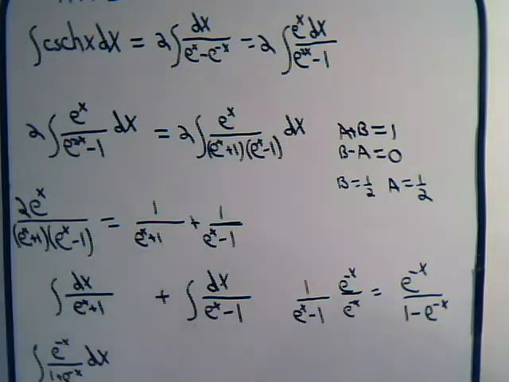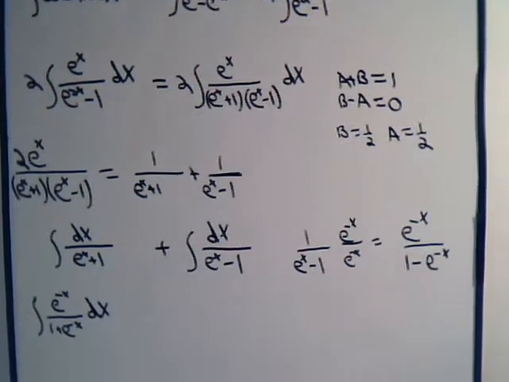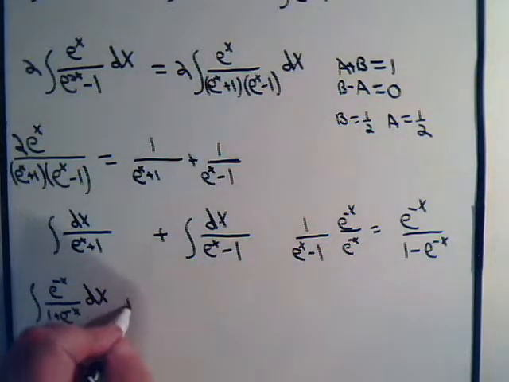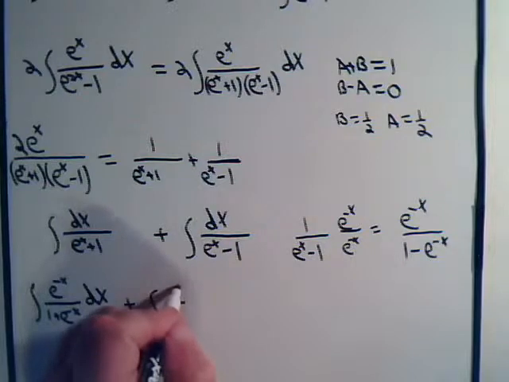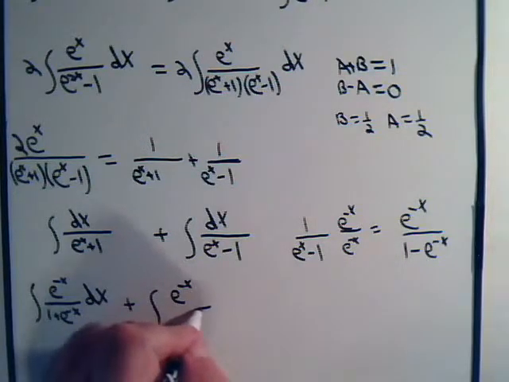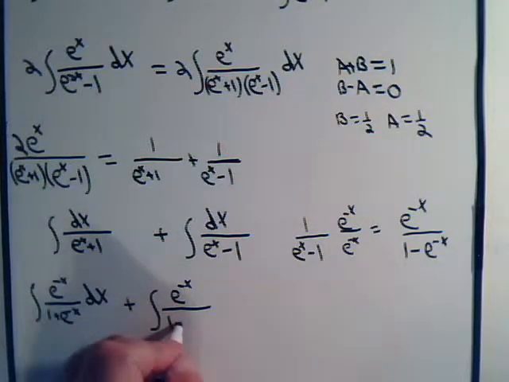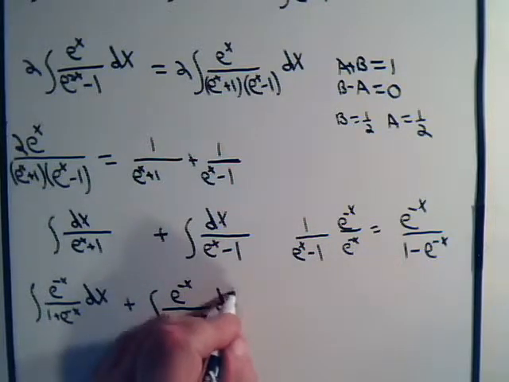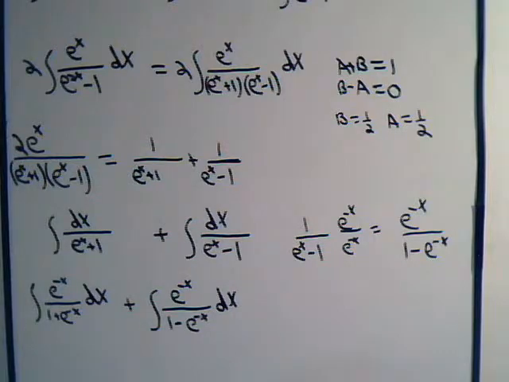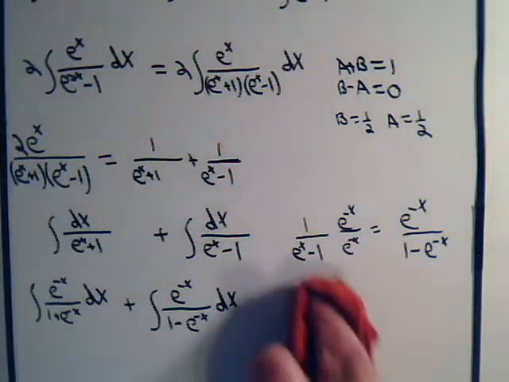Okay, so let's rewrite this integral. We'll have plus the integral of e to the minus x divided by 1 minus e to the minus x dx. And these we should be all set to handle.